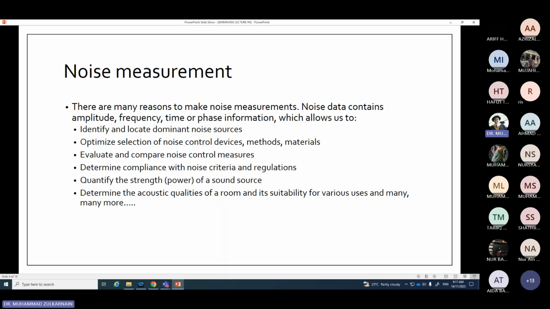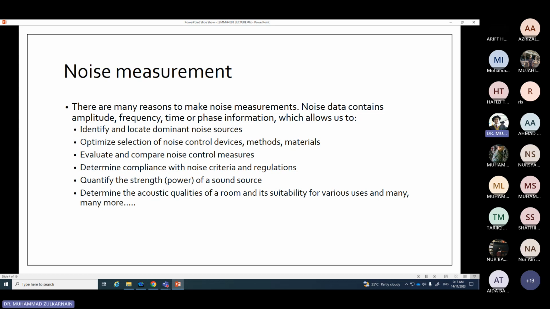From this activity we can identify and locate the dominant noise sources, and then we can optimize the selection of noise control device, method, and material. Once we get the source of the noise, we can understand how to cover this trouble.